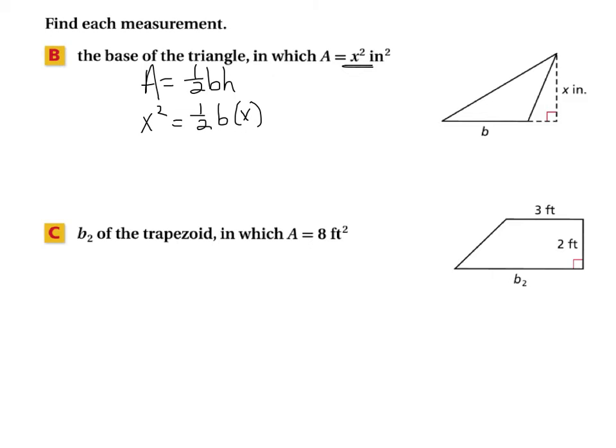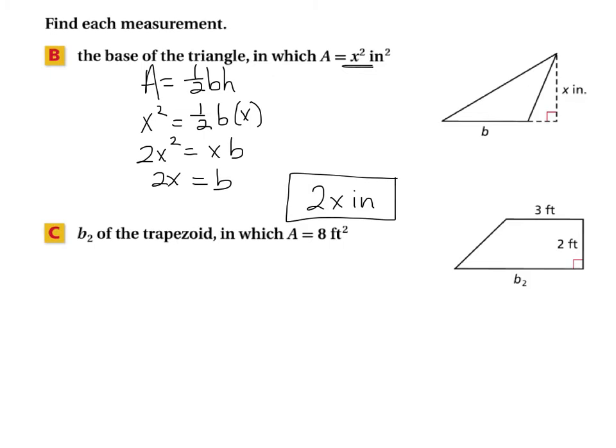The first thing I would do is multiply both sides by 2 and get 2x squared equals xb. I divide both sides by x, and so the base would be 2x. And we put on our label, and the base will be 2x inches.